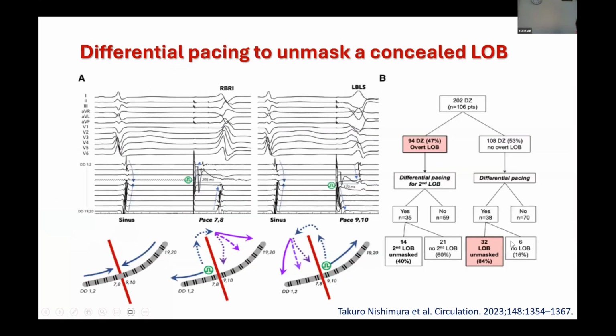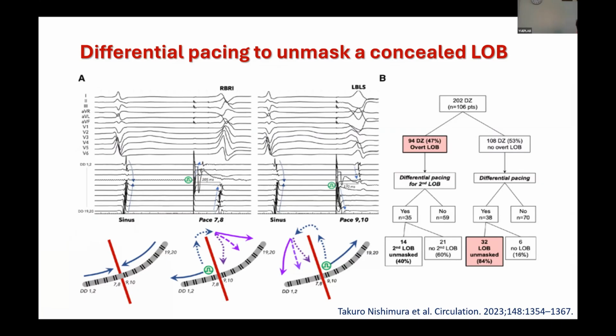Sometimes the electrogram almost looks the same, but when we try to pace from this part, actually this is dissociated from this signal. So it means you can understand the line of block only when the wavefront is perpendicular to the line of block.